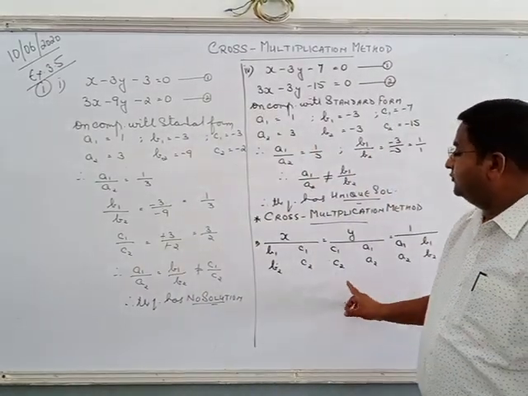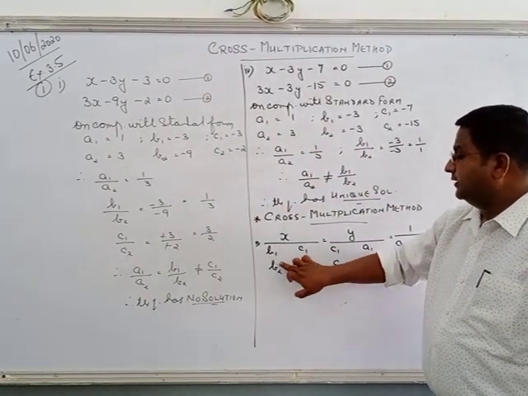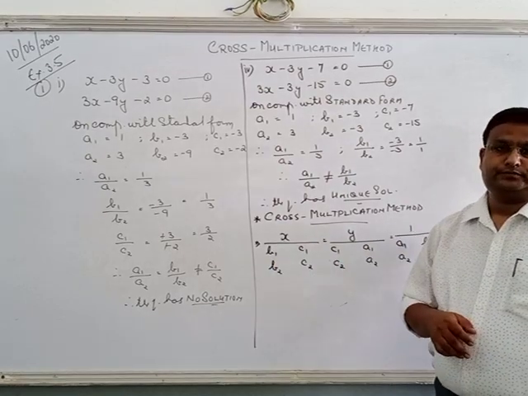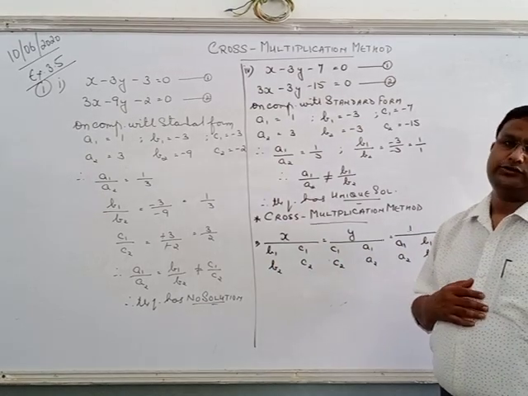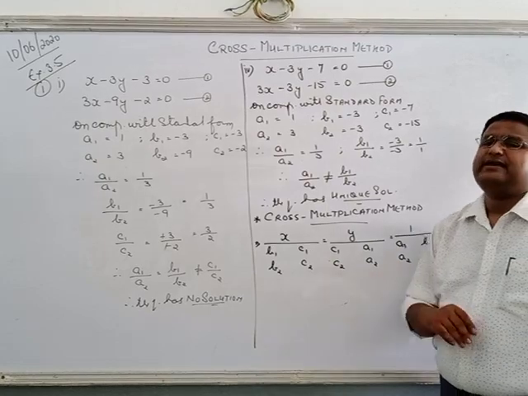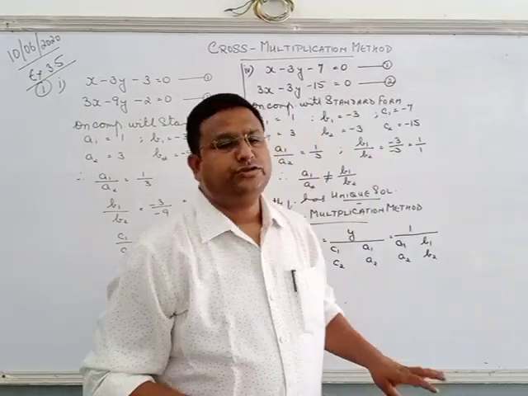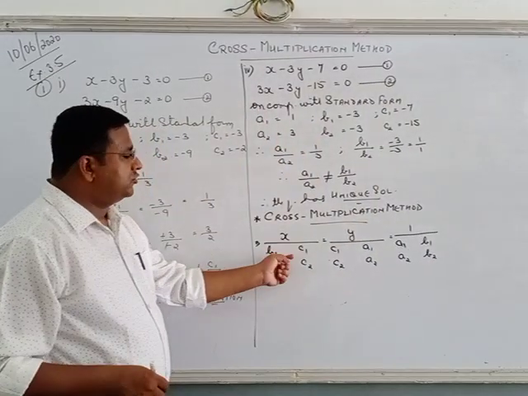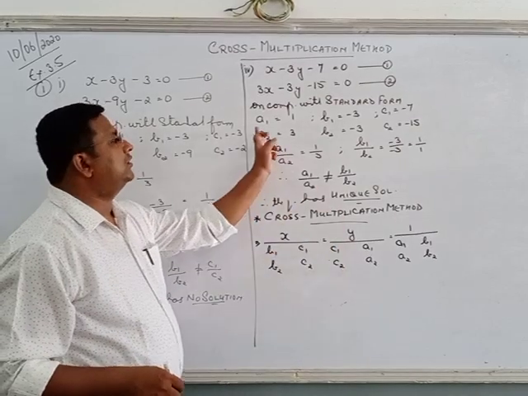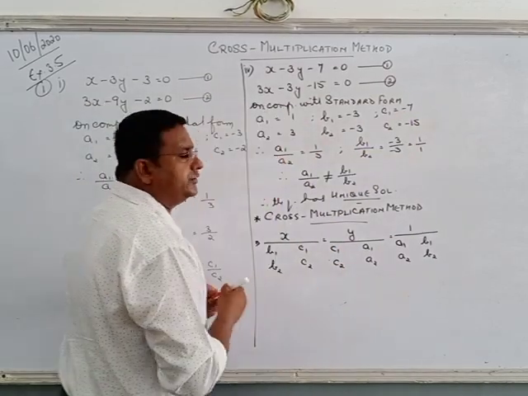Can we write out the values? In your NCERT book, there is another method given. You can apply that also. But this is slightly easier to remember, so we use this one. Now we have the values of b1, b2, c1, c2. All the values are here. We can substitute them over here.